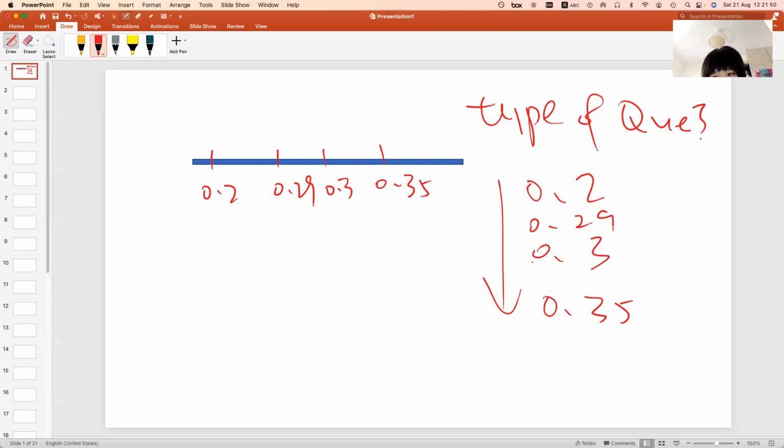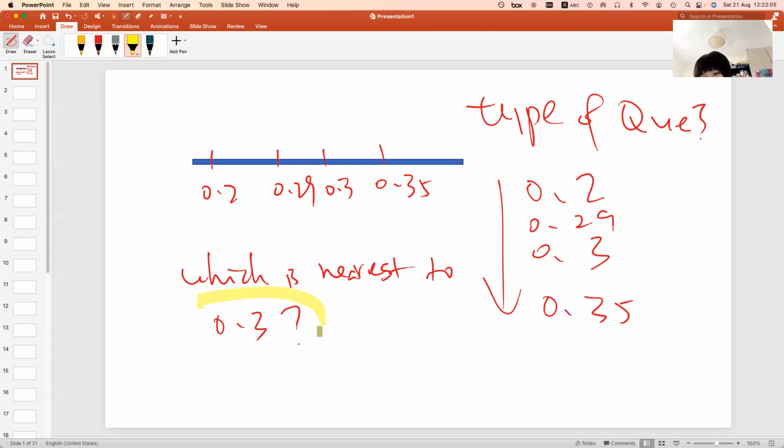If I ask you to rank them, there's no big deal. But the problem is, what if they ask which is nearest to 0.3? What's your answer?